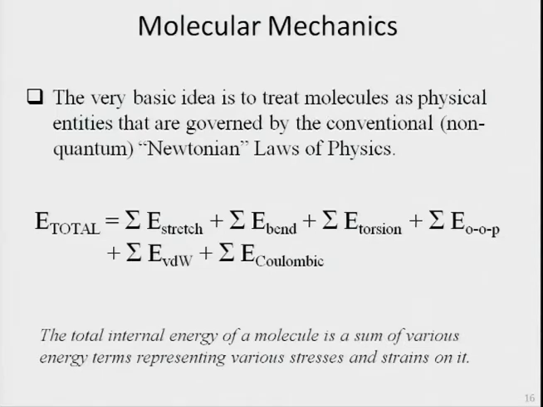What you see here is a rather long and imposing looking equation, which is actually really simple when you think about it. It's just a summation of terms that correspond to the different energy terms or forces within the molecule. The total internal energy of a molecule is simply the sum of various energy terms representing various stresses and strains. So let's take a look at these individually.